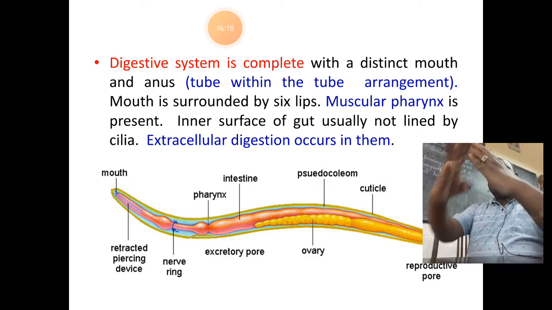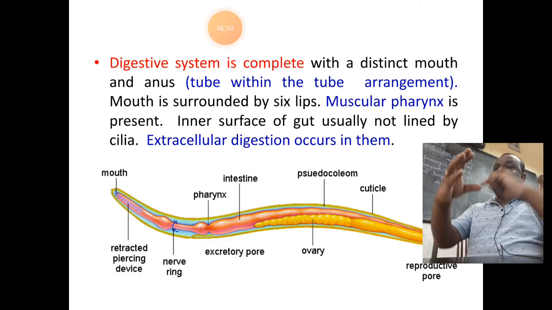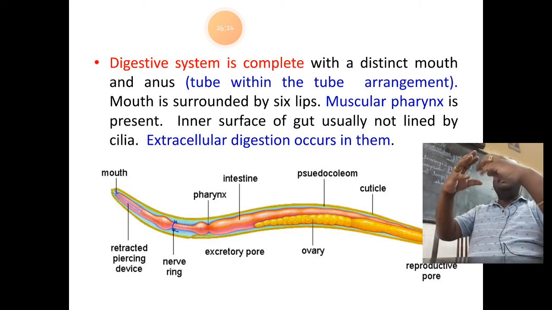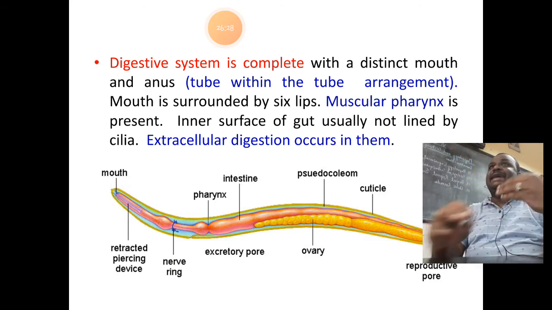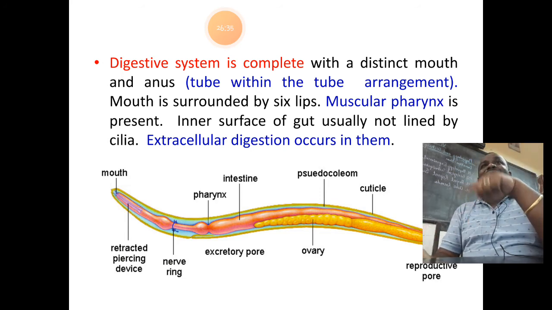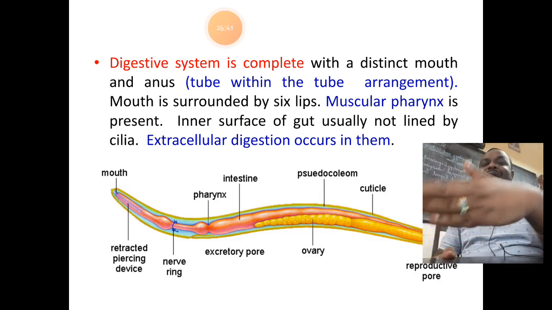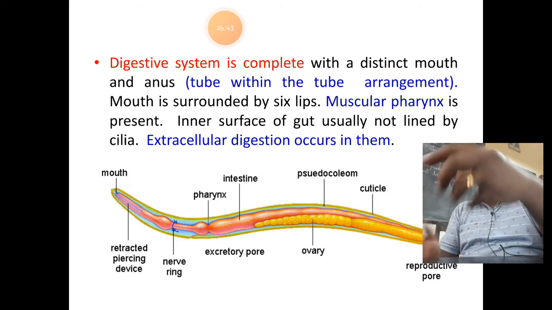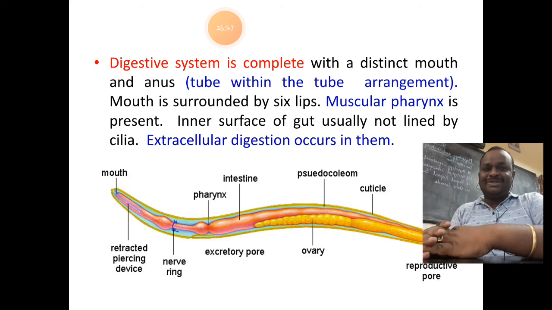So, when you take a section of the organism, you can find the outer body of the organism showing a tube within, which is nothing but the digestive tract. So, the alimentary canal within the body of the animal appears to be a tube within another tube. Are you able to follow? So, a tube within another tube arrangement is exactly what you find for the digestive system in case of nematodes.